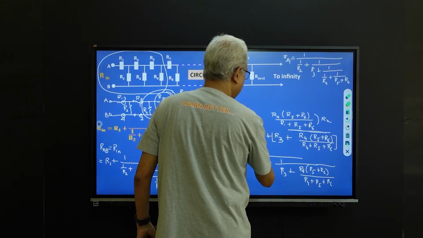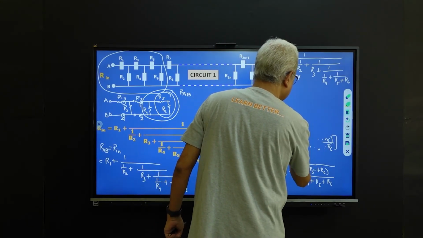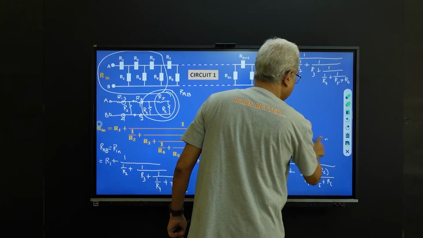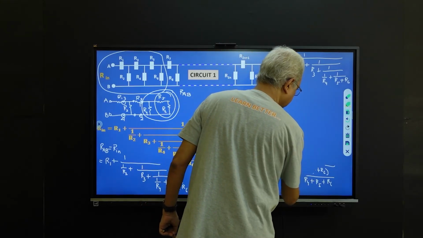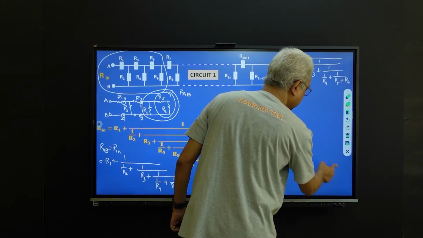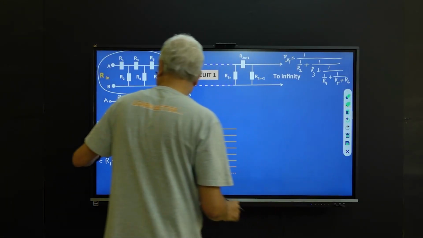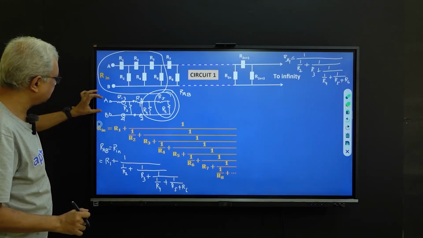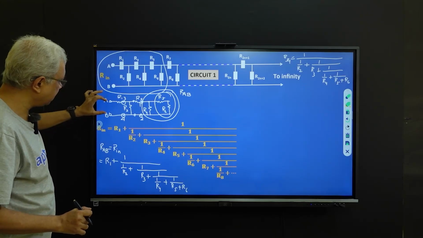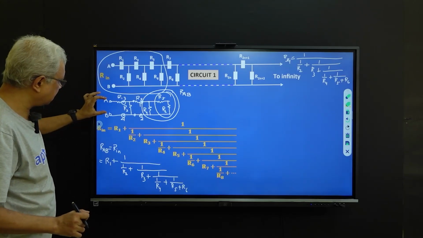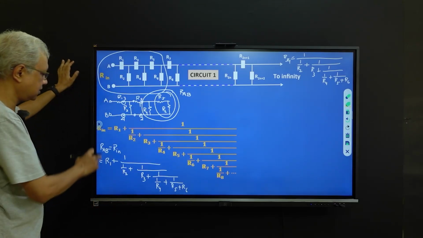if I consider another circuit, so if I consider this circuit, the equivalent resistance between points A and B, or input resistance with respect to the points A and B, in this particular circuit is like this.